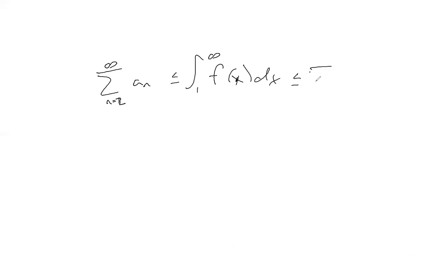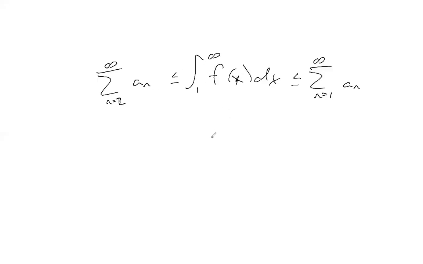A couple slides ago, we showed, what was our inequality? We had the sum from n equals 2 of a_n is less than or equal to the integral. So this is an inequality.